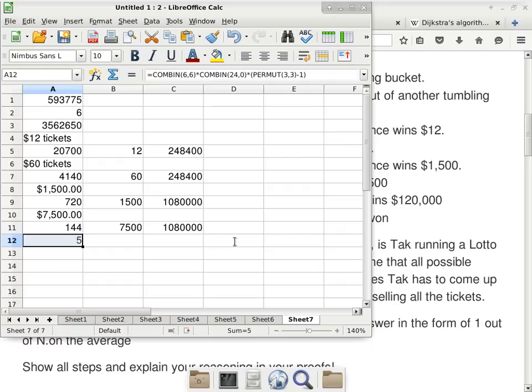Okay, so there are 5 tickets winning that particular prize, and each one is paying off $120,000. And I have to pay off $600,000 out of those. So when you add up these numbers, that will give you an idea of how much money I have to pay, not counting the jackpot.